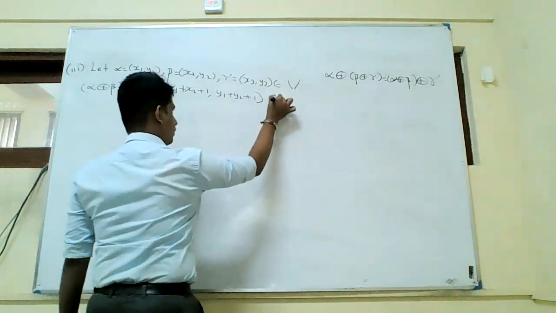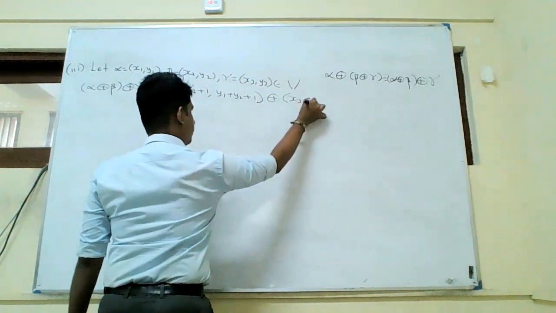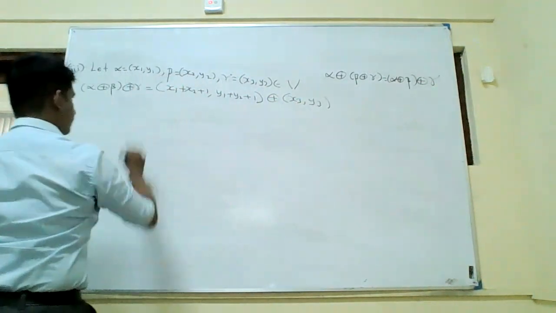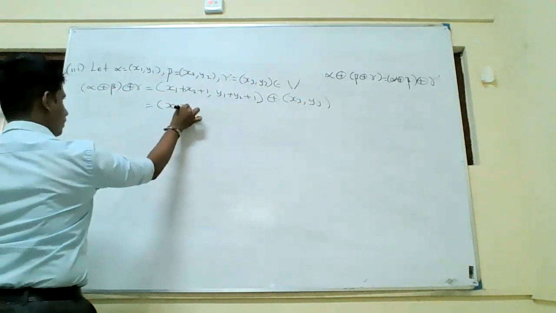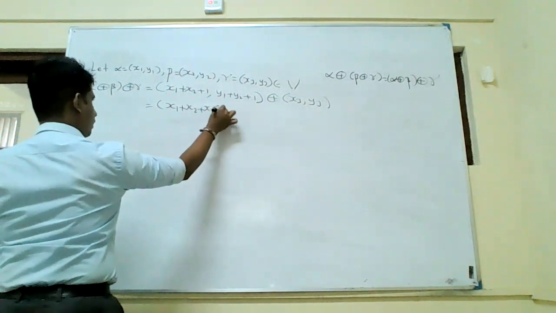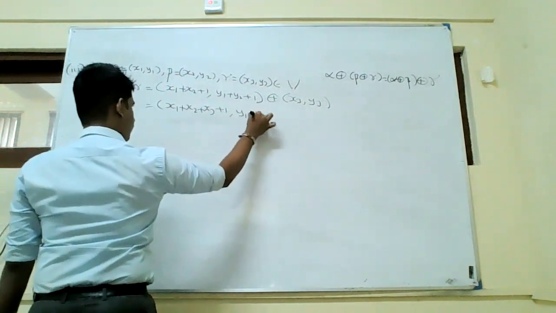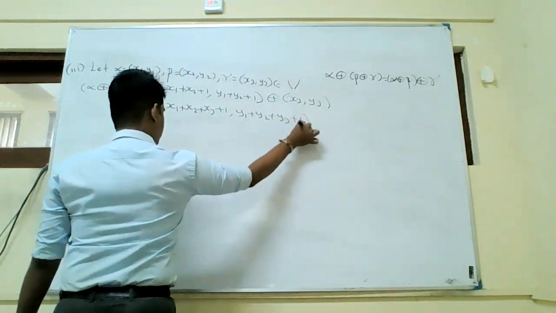Adding gamma (x3, y3), this addition is (x1 plus x2 plus x3 plus 2, y1 plus y2 plus y3 plus 2).